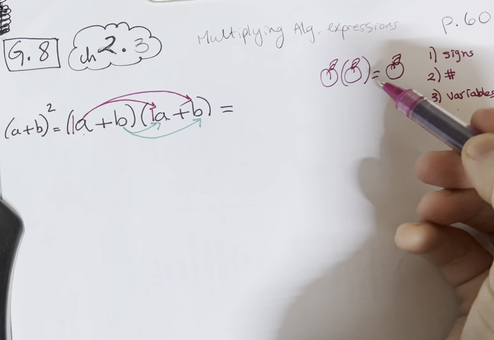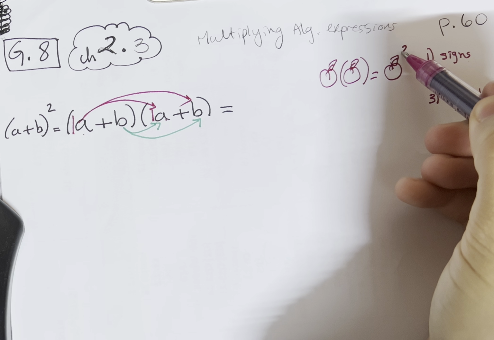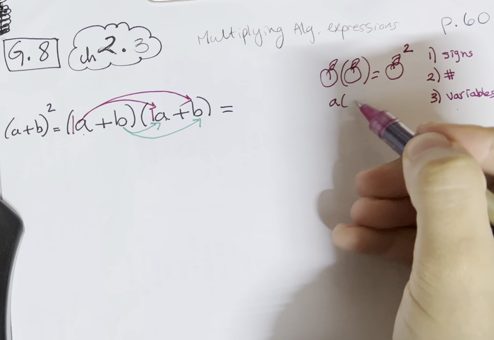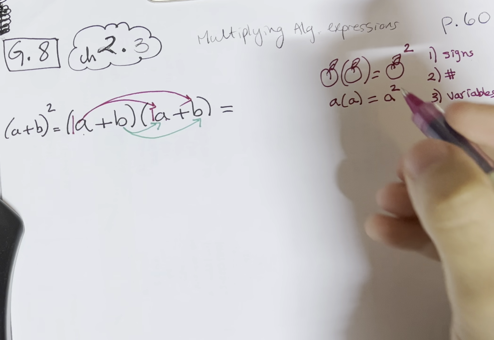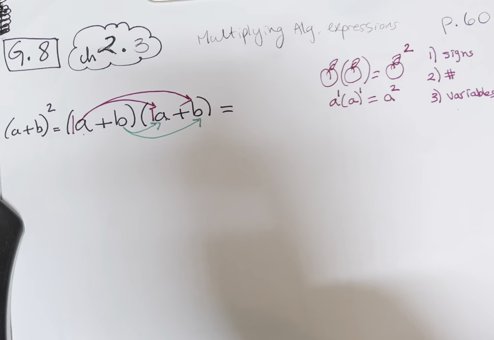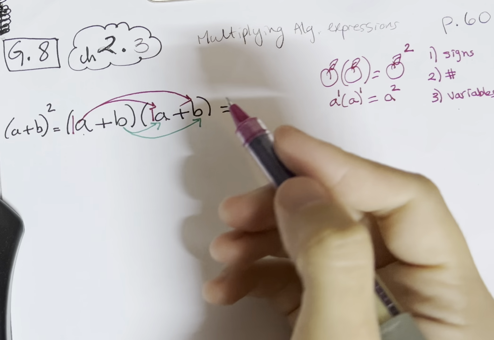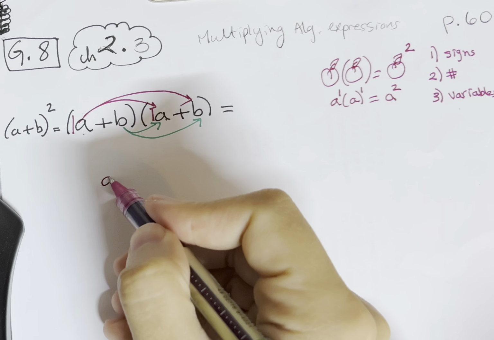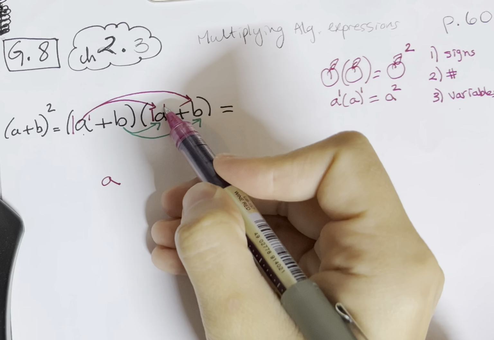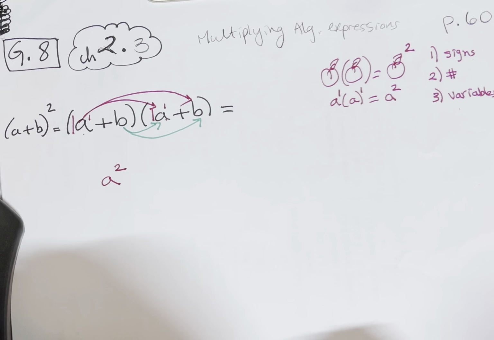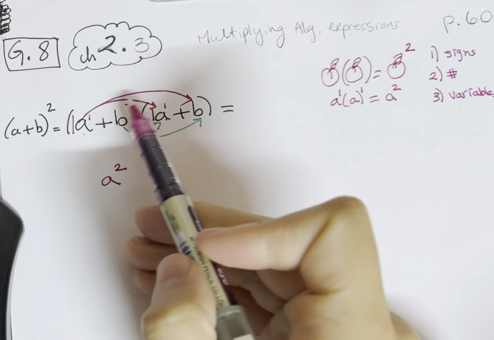So apple times apple will get the same apple, but the exponent will be 2. So a times a will give me a exponent 2, because the exponents, I add them up if the bases are the same. So a times a will give me back a, but the exponent 1 plus 1 will give me 2. Okay, this is for the first arrow.